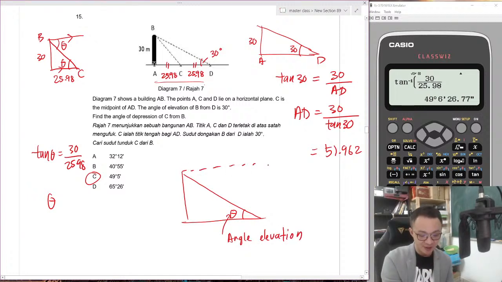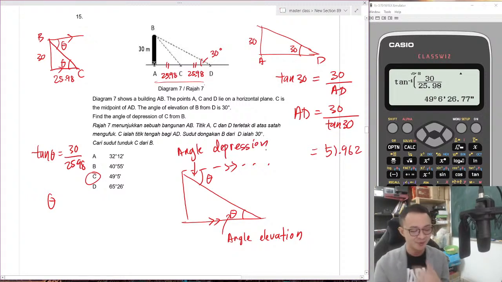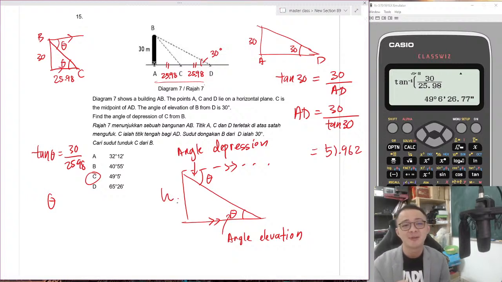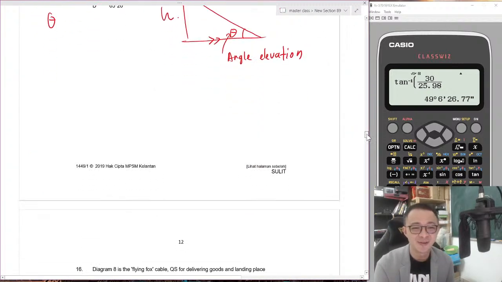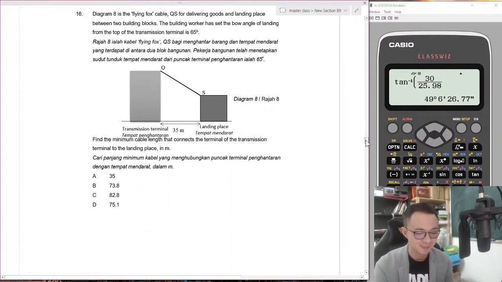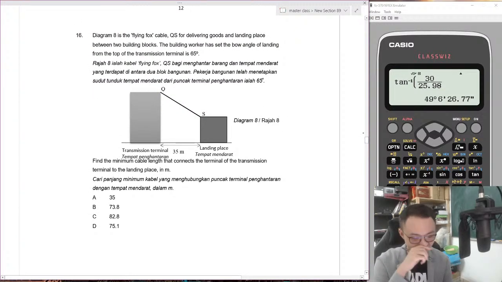So this one, if I do like this, because they are parallel, right? So this one is the angle of depression. So you can say they are the same in this condition because they have the same height, right? But the concept is not the same lah, okay? But somehow, yes, it's the same. Yeah, not necessarily the same length.